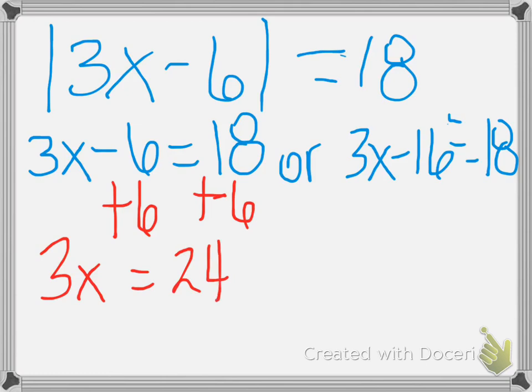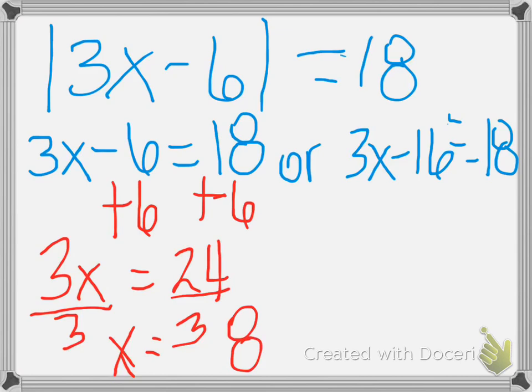I'm struggling over here. There we go. And then we're going to get x completely alone by dividing both sides by 3. So x is going to be equal to 8. I apologize. I thought I had more room.